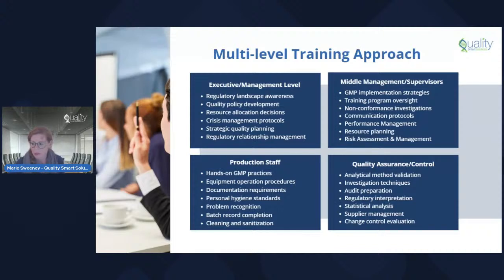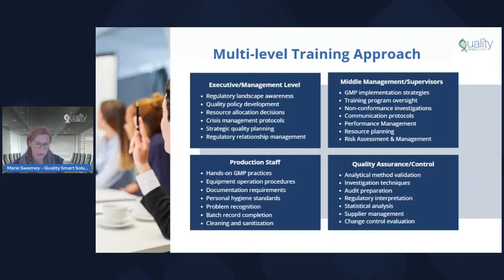And then quality assurance and control team. Okay, we're looking at analytical method validation, that's developing and validating testing procedures for your raw materials and finished products. Investigation techniques: employ systematic approaches to resolve any quality issues. They are responsible for audit preparation, to conduct internal audits and prepare for regulatory audit reports.